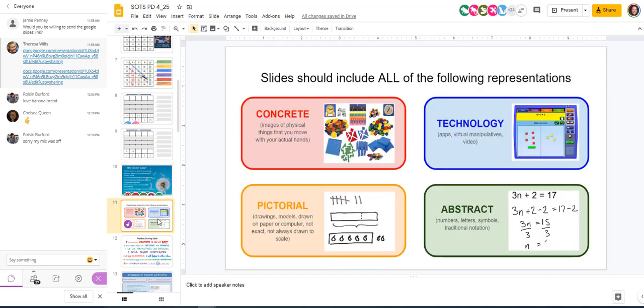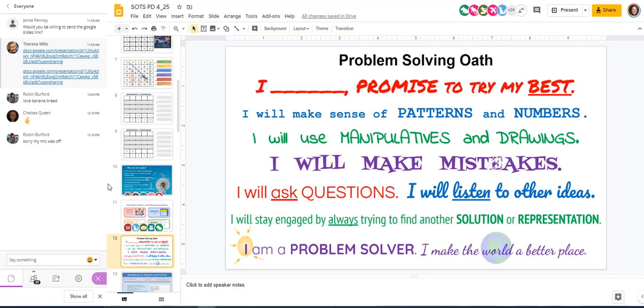On slide 11 is just a reminder that in the classroom, I would usually ask students to use concrete, pictorial, and abstract representations. I'm going to ask you all also to use technology. And on slide 12, this is the problem-solving oath that I always ask all my students to do. I'm going to ask you to read that to yourself.